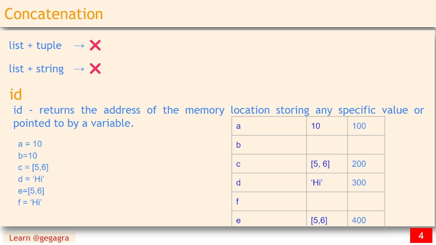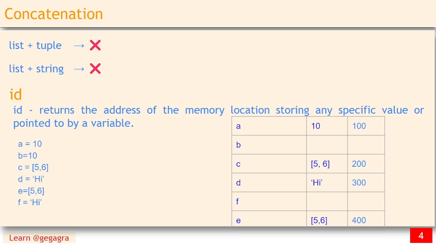So c, [5, 6], will occupy the address 200, and another list with values [5, 6] is again a list. Since this is mutable, it will occupy another memory location. So c will occupy memory location 200, and e will occupy another memory location, say 400.